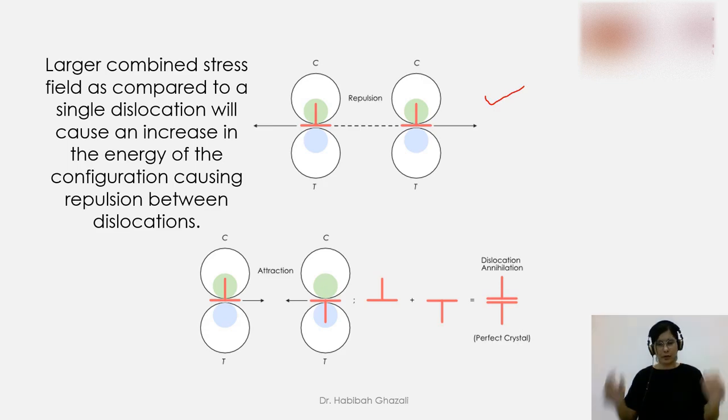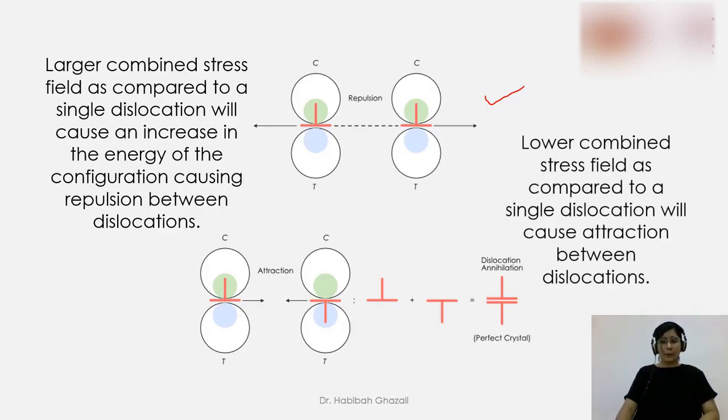These two dislocations will eventually repel each other. And what happens if, let's say, I have two dislocations, both travelling on the same plane, but the extra half plane of one is on top and the other is at the bottom? So I'm going to say that they have different signs. What will happen when they interact is a lower combined stress compared to a single dislocation.